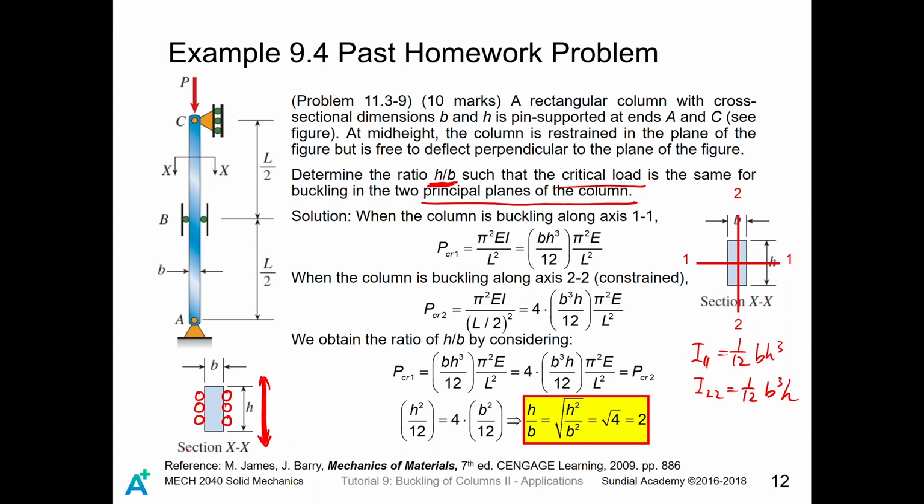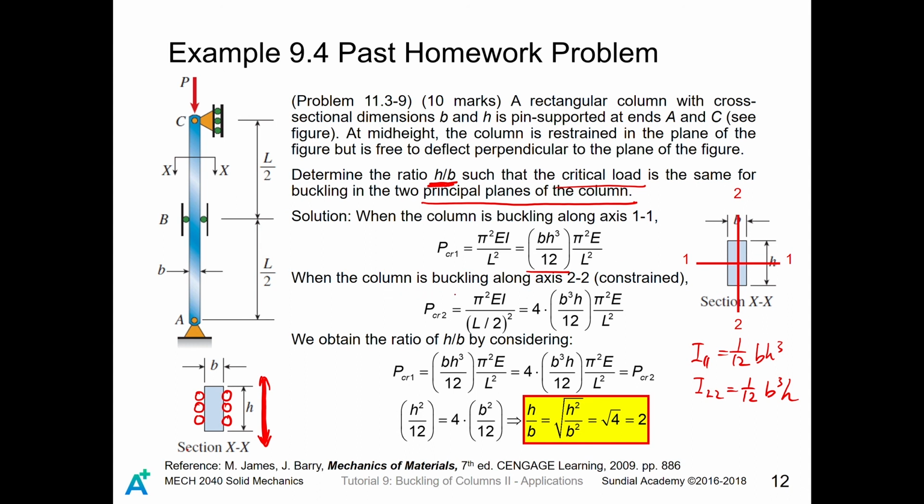So the thing is that we want to first find the critical load in terms of B and H, right? First, we find the critical load of this column when buckling in the direction 1, 1. Then it is pi squared EI divided by L squared, and the moment of inertia is 1/12 of BH cubed, and we have pi squared E divided by L squared.